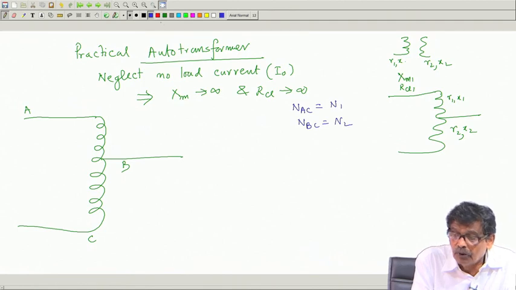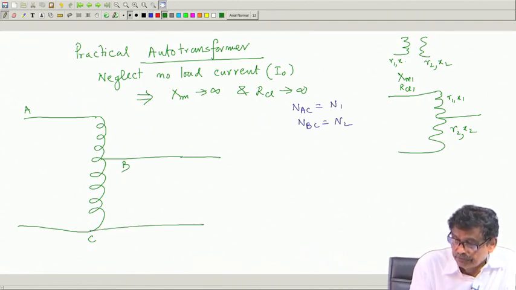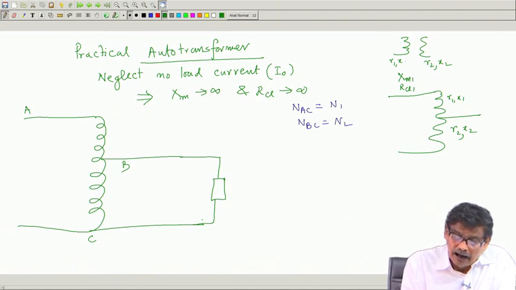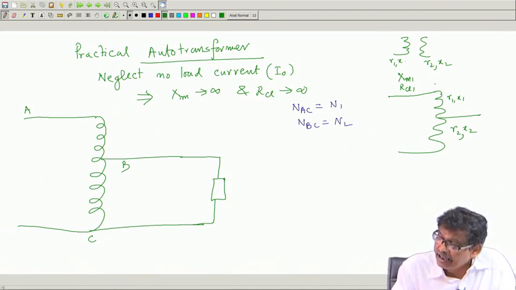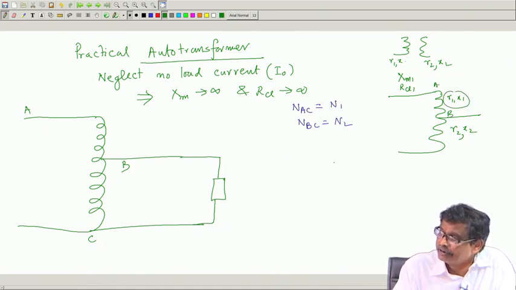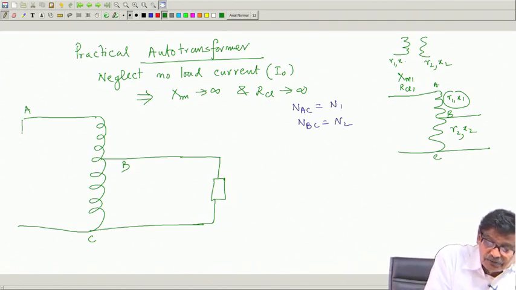And these two are my output where I will connect the load. Now, I am saying that this portion A B has a resistance R 1 and X 1 and this portion B C has a resistance R 2 and leakage reactance X 2. And here I am applying a voltage V 1.